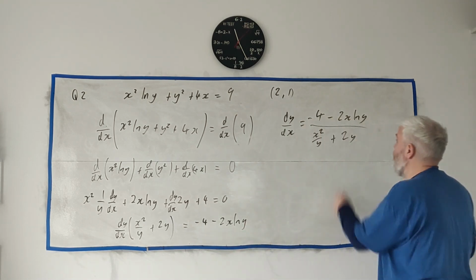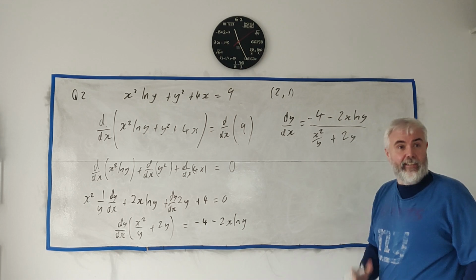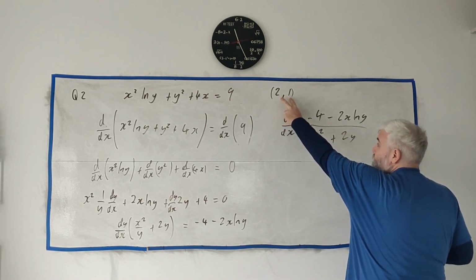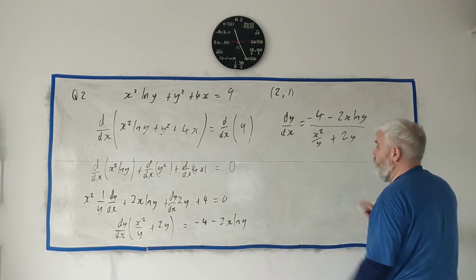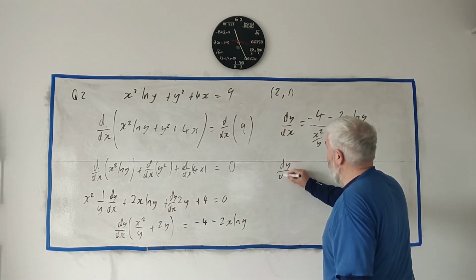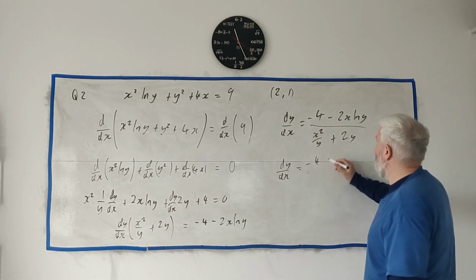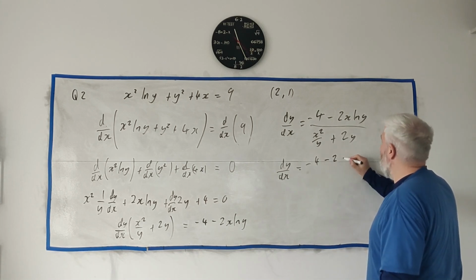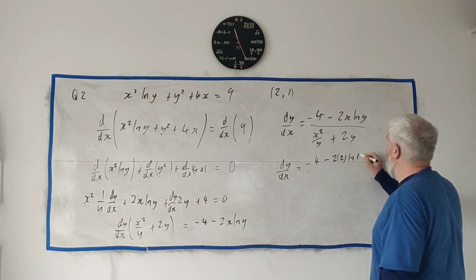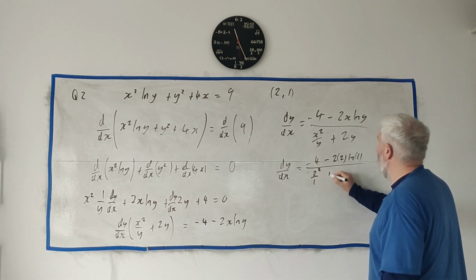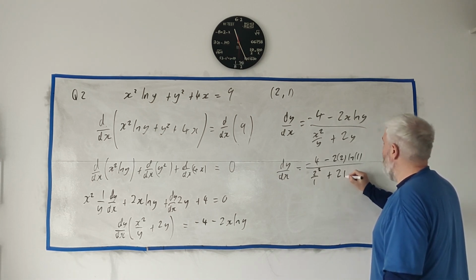All you need to do is tell me what x and y is, and I can tell you the gradient, and I know a point. So at this point x equals 2 and y equals 1. So we can just go ahead and fill all that in. You put it in a calculator if you want, but I like to show the examiner what you're doing. Minus 4 minus 2 times 2 natural log of 1 divided by 2 squared over 1 plus 2 times 1.